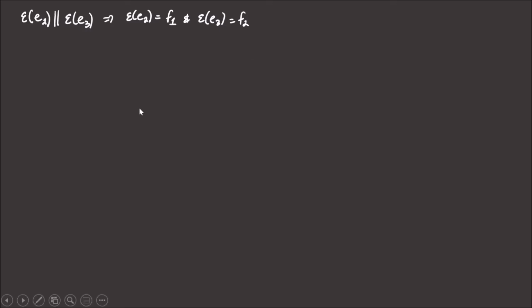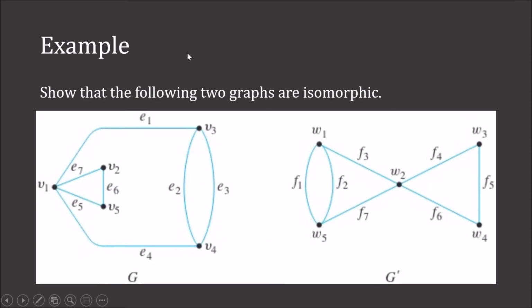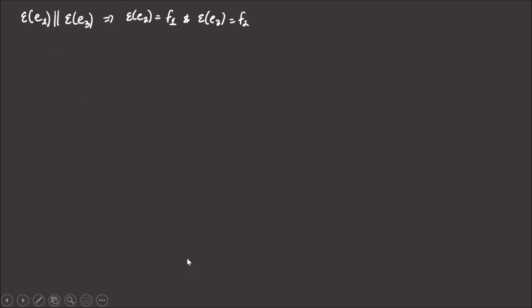Now the endpoints must correspond. So the endpoints are V3 and V4. In G prime, they're W1 and W5. So V3 will have to go to W1 or W5, and then V4 will go to the other one.